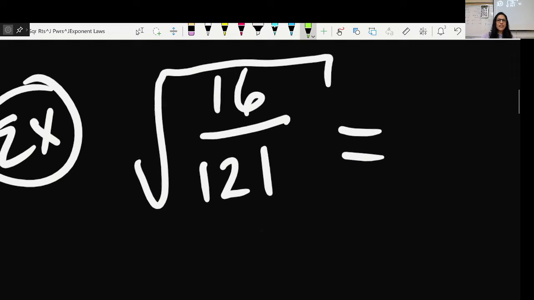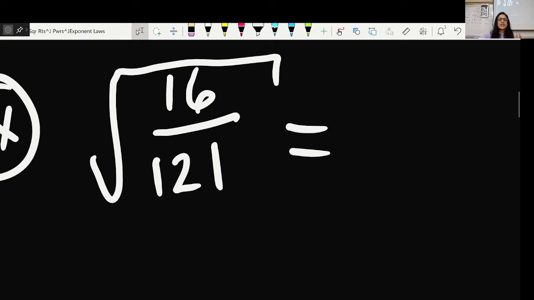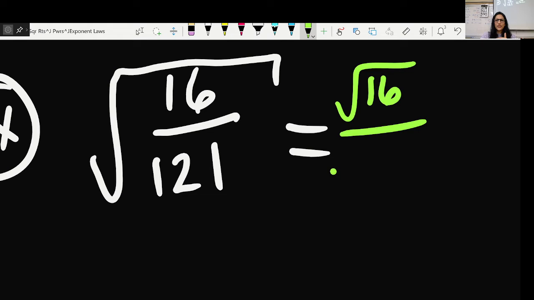And then, if we have something like this, basically we have a fraction under the radical or under the root sign. But what I wanted to show you is we can treat this kind of like the 81x squared. They are together, and you don't actually have to write this down when you're doing your work, but it's kind of the same thing as saying this.